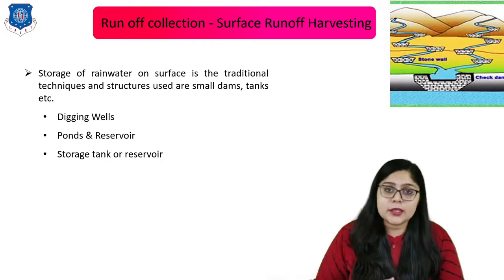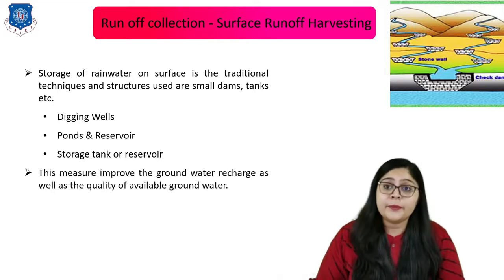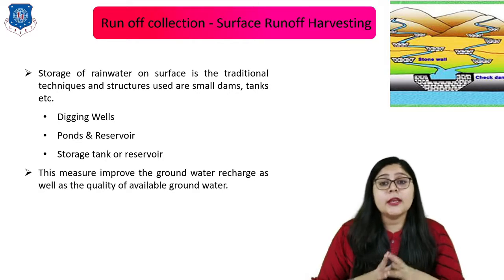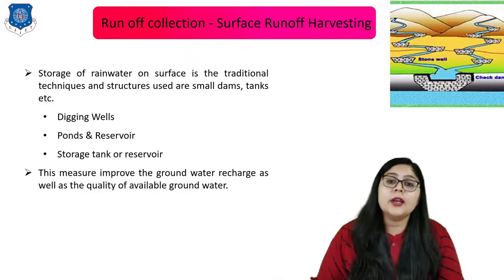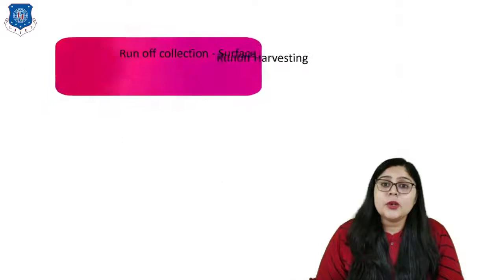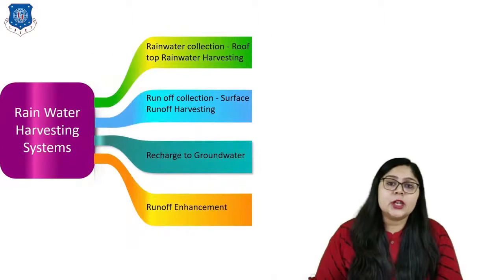This is the concept of surface runoff harvesting, where these measures improve groundwater recharge as well as the quality of available groundwater. So this is all for surface runoff collection.